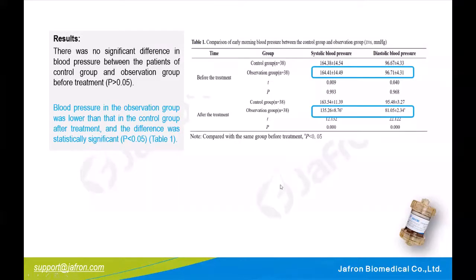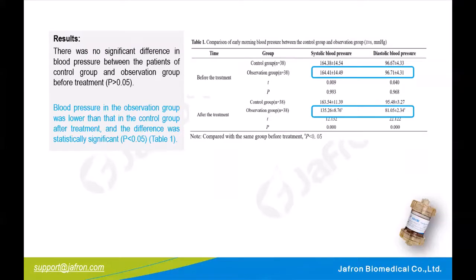So we can see the result. First of all, at baseline, there was no difference between the control group and the combination therapy group, in either systolic or diastolic blood pressure.